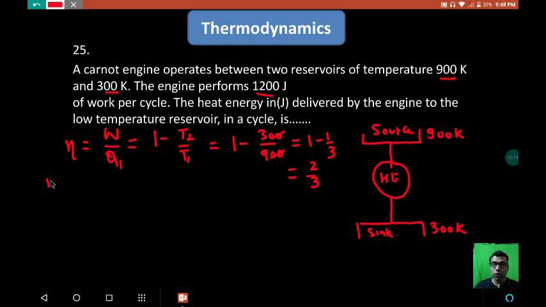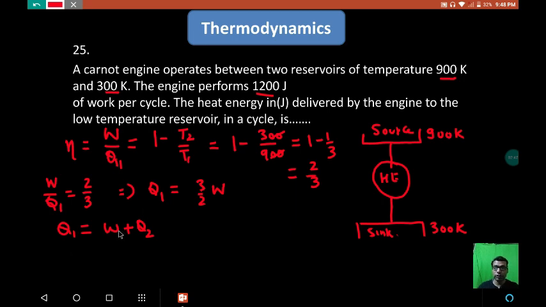Now this is equal to W by Q1. So W by Q1 is 2 by 3, and we can say Q1 equals 3 by 2 W. The heat supplied is equal to the work done plus the heat given to the sink, so Q2 is Q1 minus W. Q1 is 3 by 2 W minus W, so we get the value W by 2.